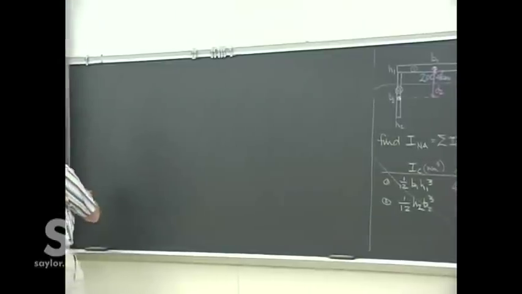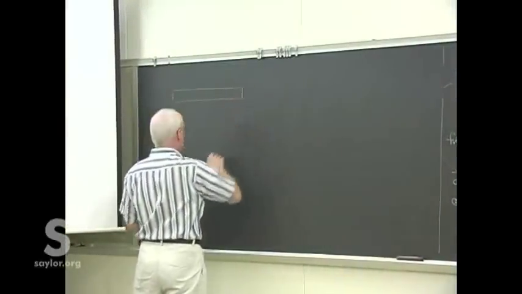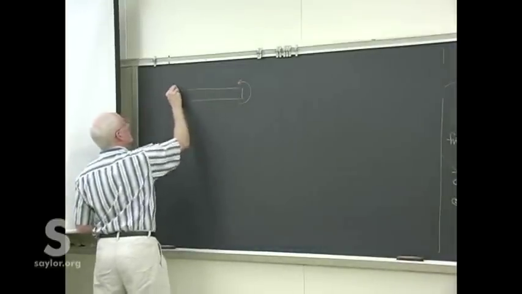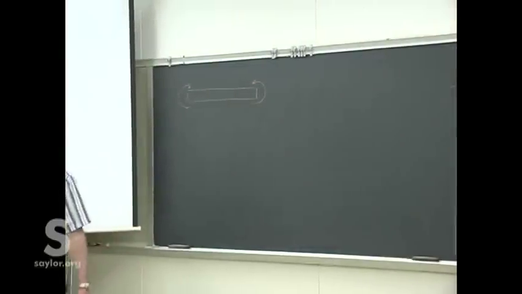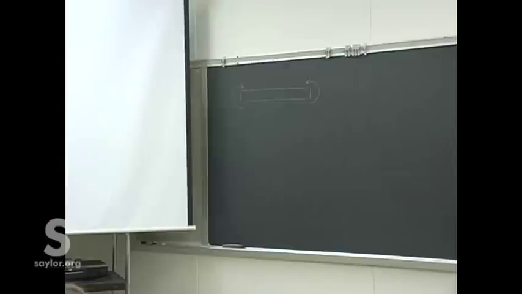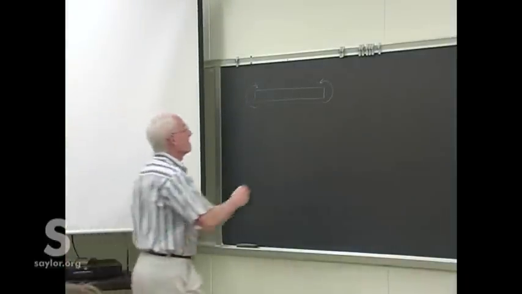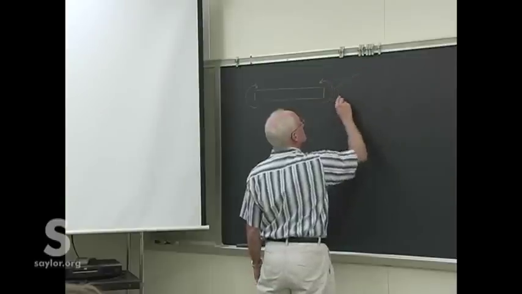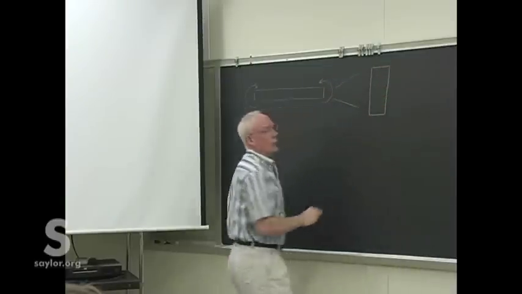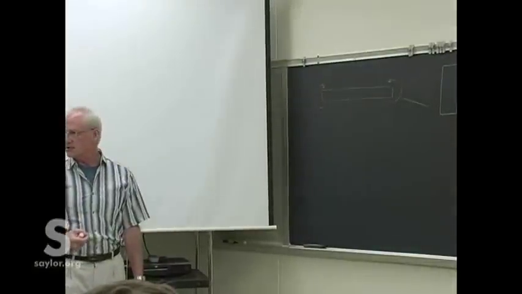If we have a beam in simple bending, like we've looked at before, we know that the top part is in compression, the bottom part is in tension. You also know that wood is very good in compression and terrible in tension.